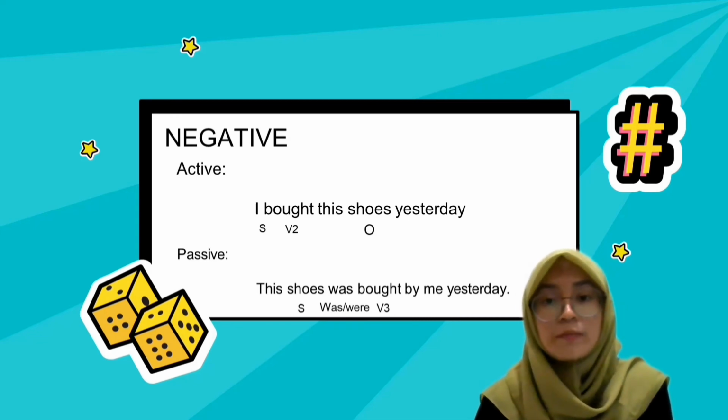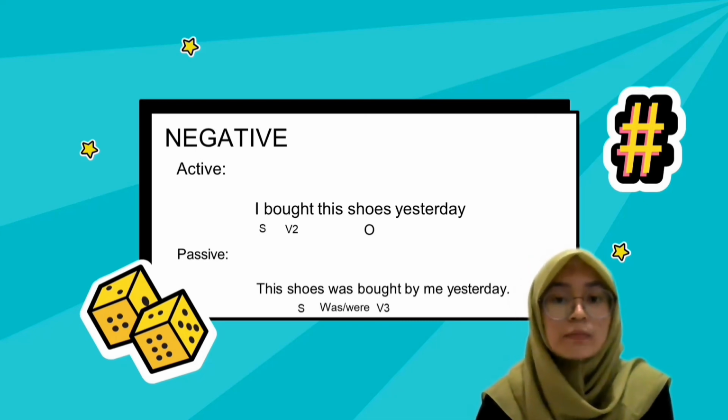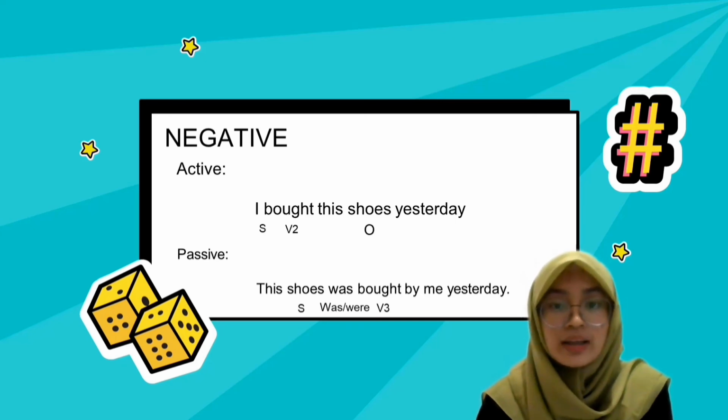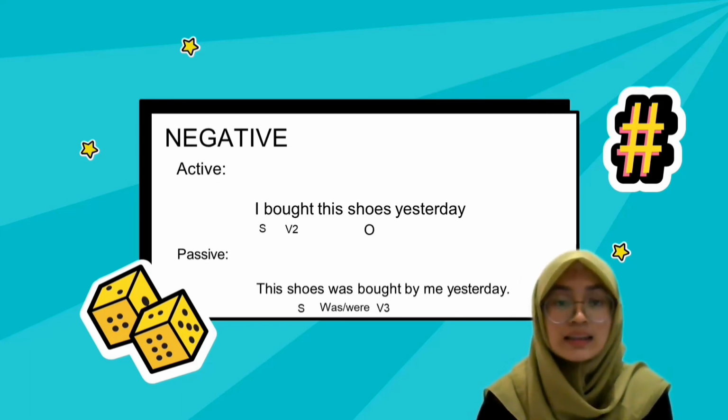Because the focus of passive voice is the object, we must change the object in active voice to be the subject in passive voice. The formula of passive voice is subject plus was or were plus verb 3. So the sentence is, these shoes were bought by me yesterday.